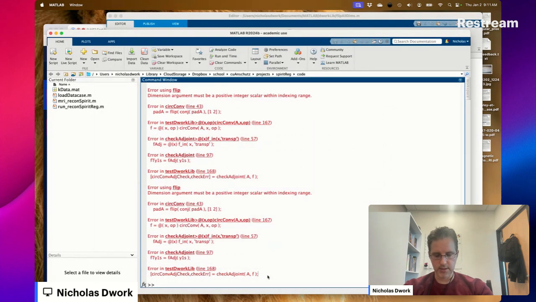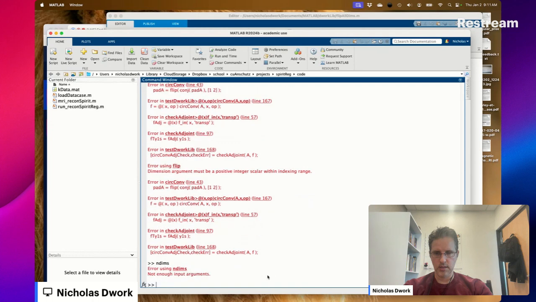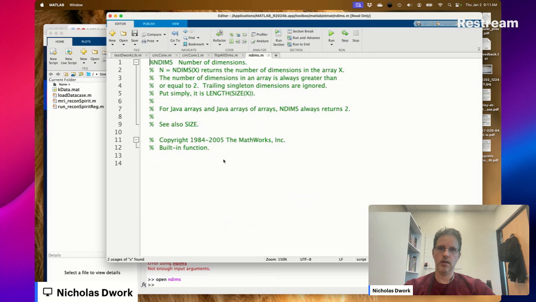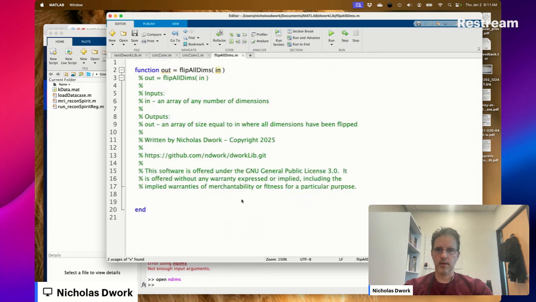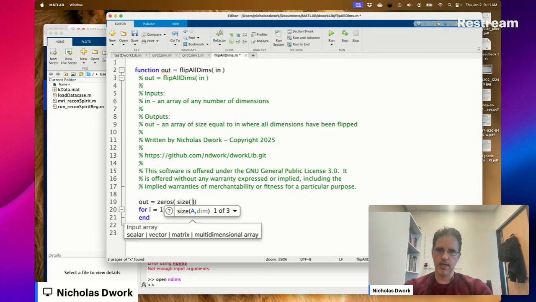Is there a way to, how do I find the NDIMs? Open NDIMs. For i equals 1 to NDIMs in, which is equal to 0 size in.